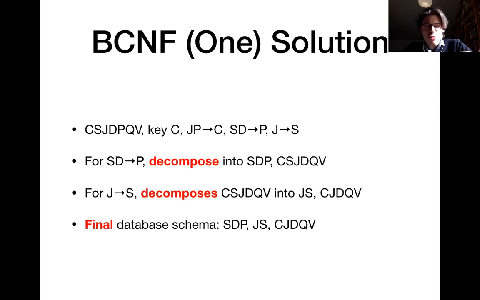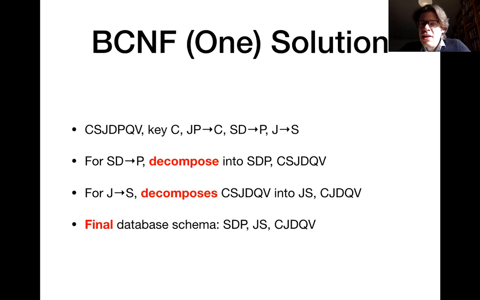So going through all of those functional dependencies, we have that C is a key, so that is nothing to worry about. JP implies C, so JP is also a key, so nothing to worry about. We have just taken care of SD implies P, and then we also have J implies S, and that one would also be problematic.